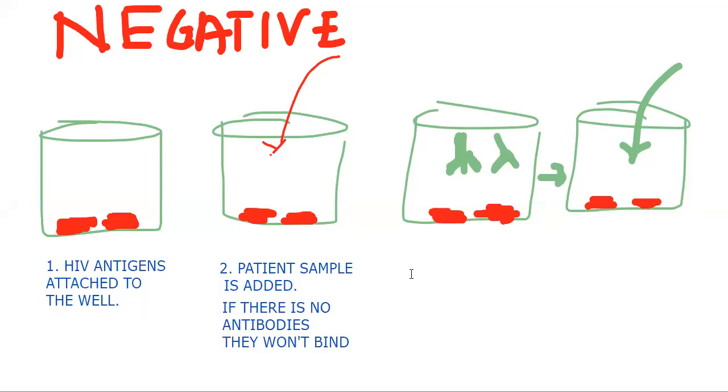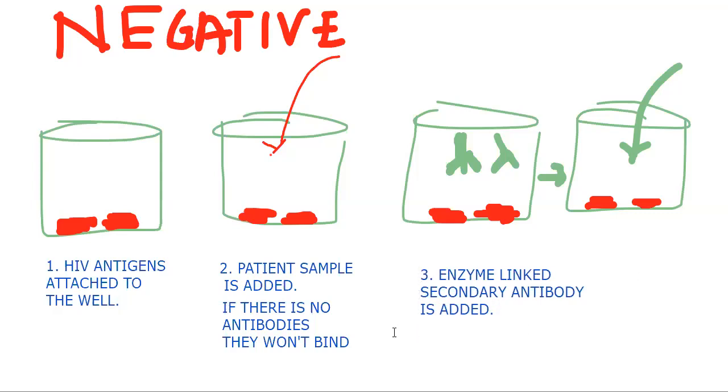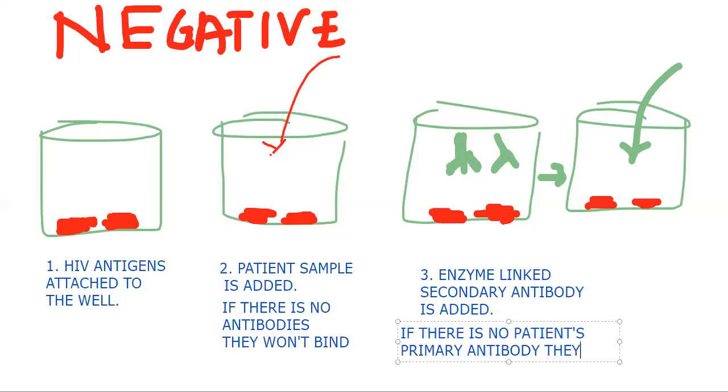Next, number three, the enzyme linked secondary antibody, which can bind with the antibody, is added. If there is no primary antibody from the patient, they can't bind.